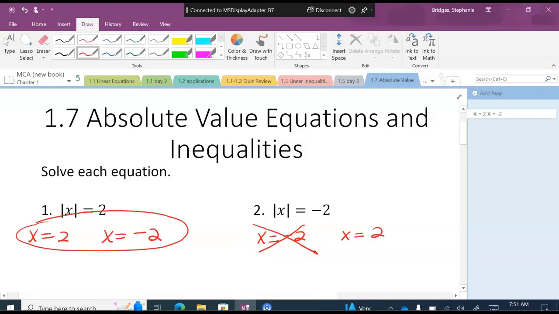Does the absolute value of positive 2 equal negative 2? No. Again, we can't have an absolute value that's negative. So since neither one of those works, what would we put in this case? No solution. Okay. So just be very careful. If you notice that the absolute value equals a negative number, that's automatically a no solution because that cannot happen, because we cannot have a negative distance. Make sense?